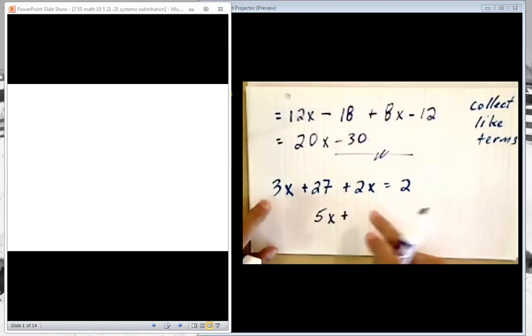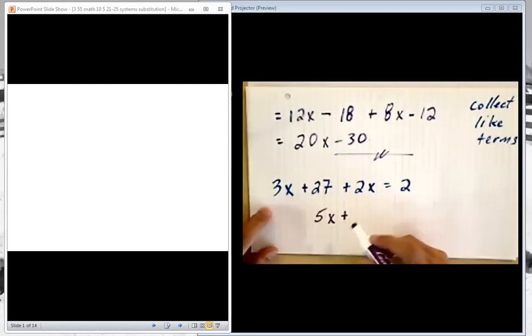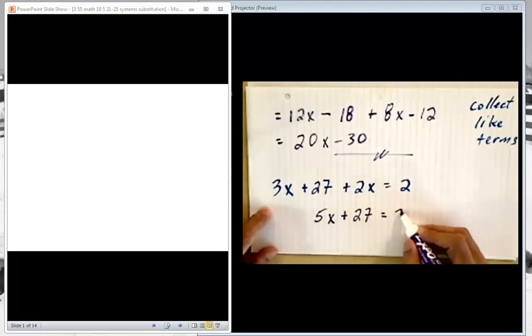Plus 5, because 3 are there, 2 over there. 3x plus 2x is 5x. Plus 27. Equals 2 now.